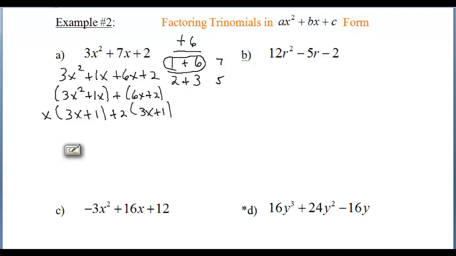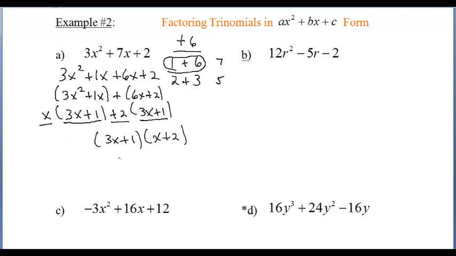Remember, when you factor by grouping, the terms inside the parentheses need to be identical. This is our GCF because it's a common factor. So we take out our 3x plus 1, and that leaves us with x plus 2 as our other factor. And again, order does not make a difference. You could have x plus 2 times 3x plus 1.